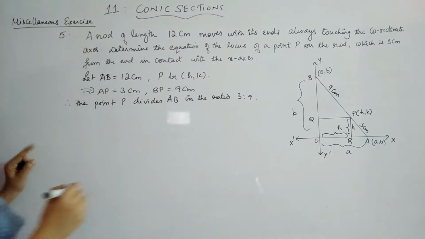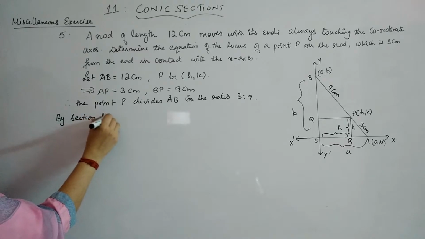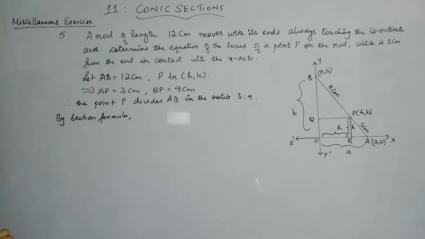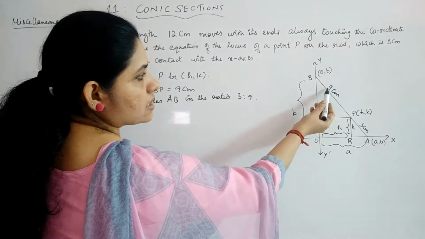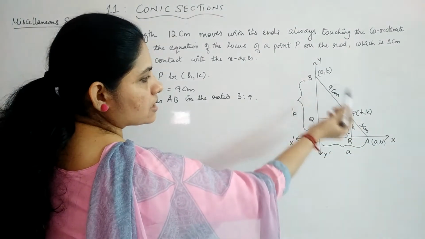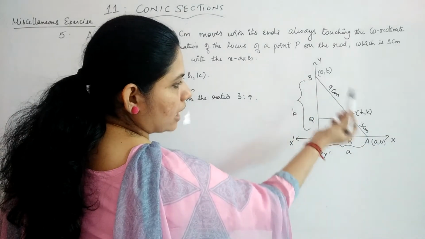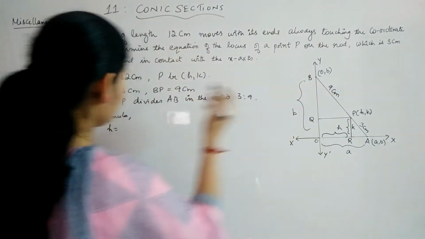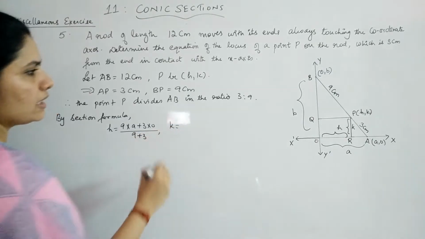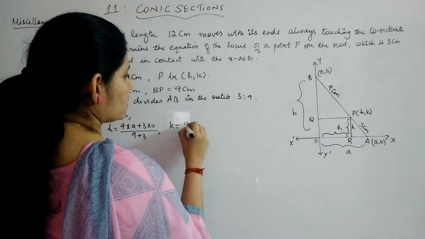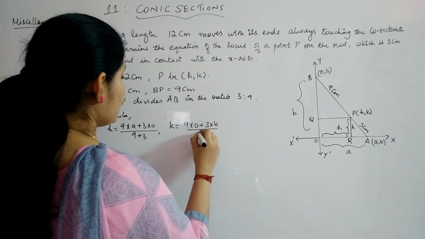Now we are using the section formula to find the coordinates of P. So by section formula, h is equal to the first coordinate: 9 into A plus 3 into 0, divided by 9 plus 3, and k will be 9 into 0 plus 3 into the second coordinate of B, which is B, divided by 9 plus 3.